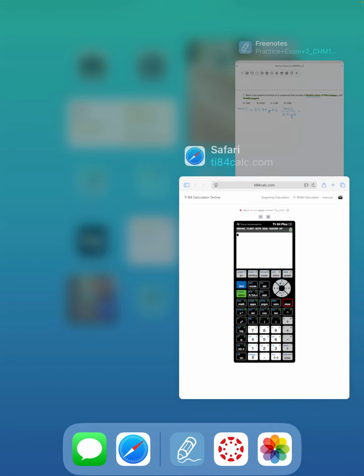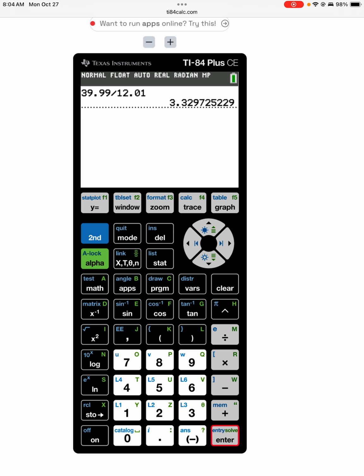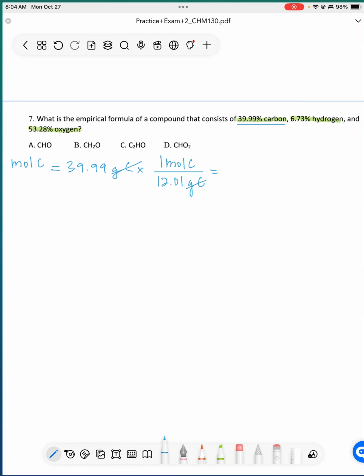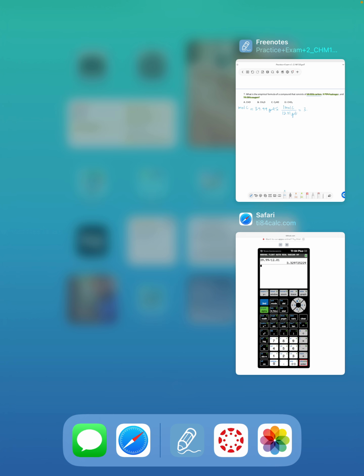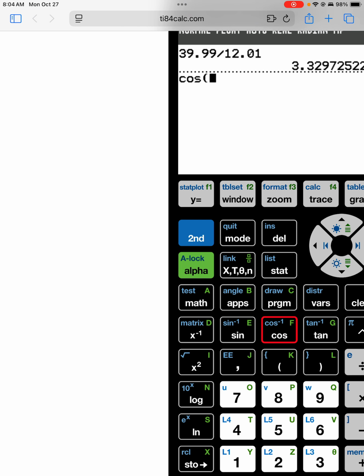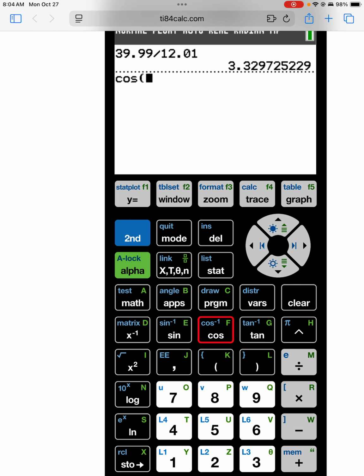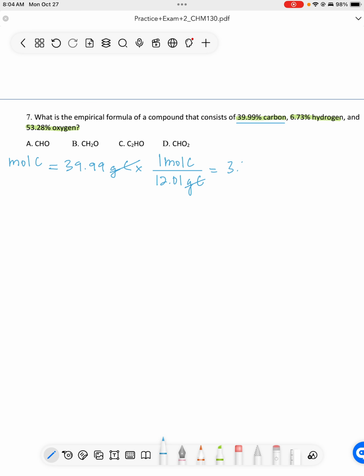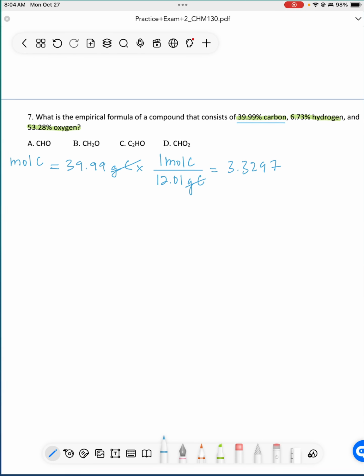We're going to go to our calculator, and we'll type 39.99 divided by 12.01, and that means we have 3.33. We go to 4 significant figures, so we have 3.32972.